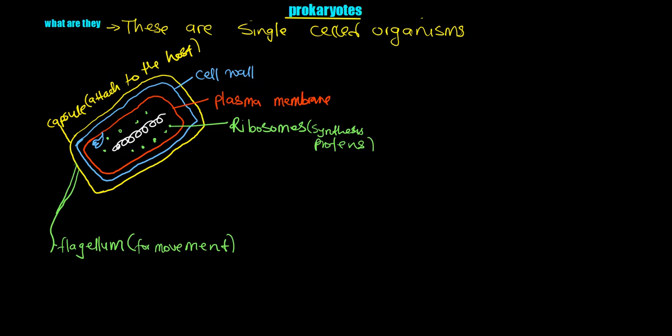Then the other part that we can talk of is this part here. Let me label it from this side. This blue part, you're able to see this gamma thing which looks like a hand. This is what we call a mesosome.